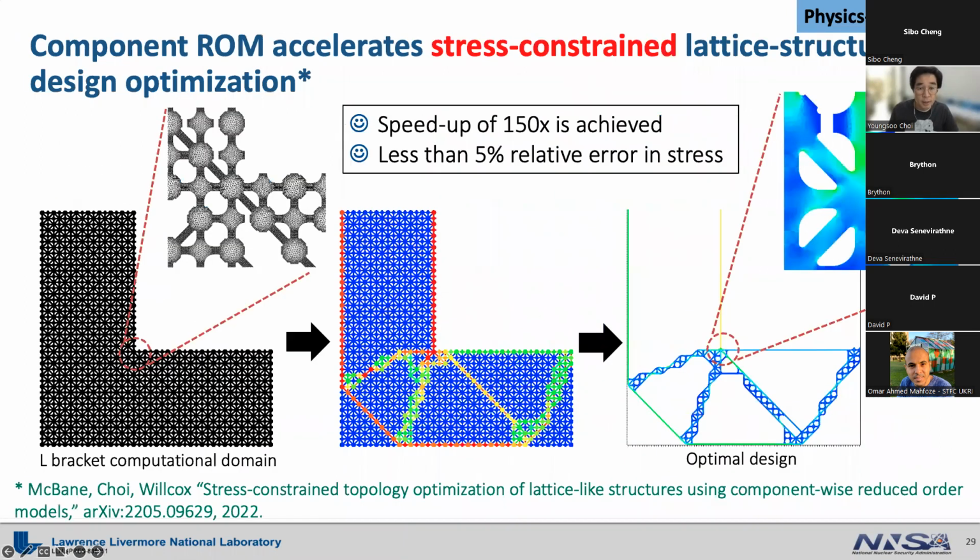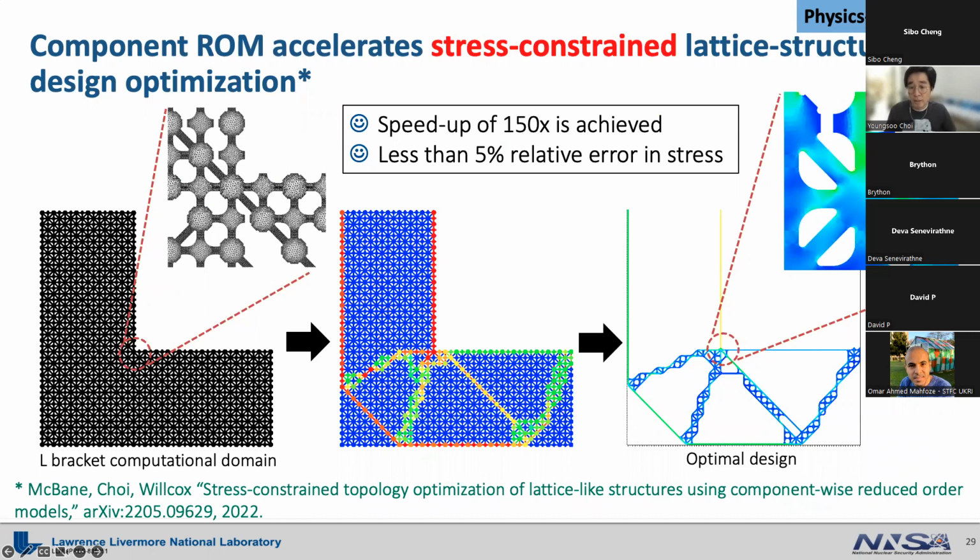All right, the component-wise reduced model lattice structure design can be applied for a stress constraint problem, where the mass is minimized with some stress constraints. That is considered a harder problem than minimizing the compliance. Here we achieve a speedup of around 150 times with the component-wise reduced model with less than 5% relative error in stress measure.